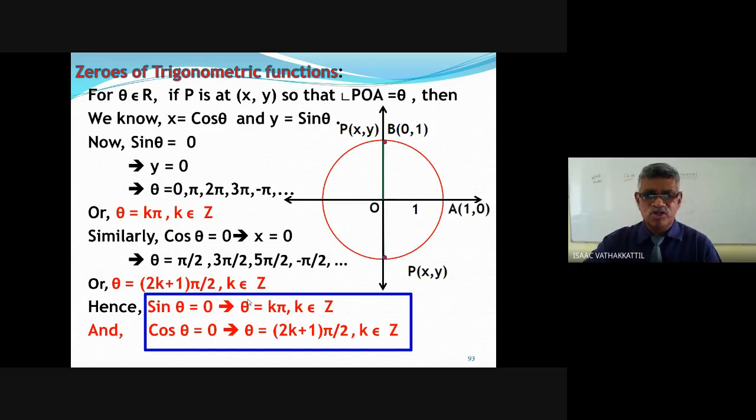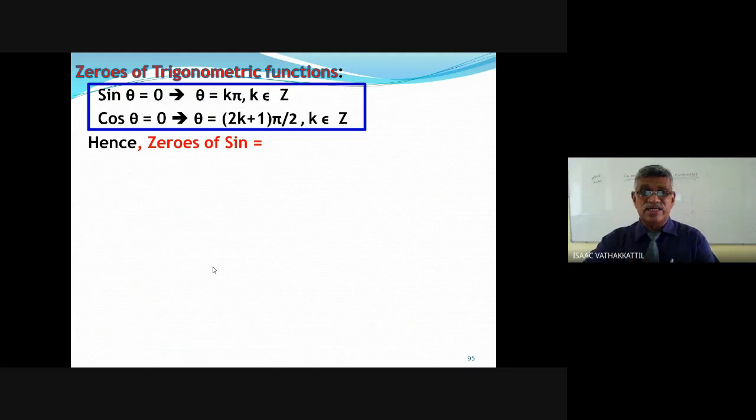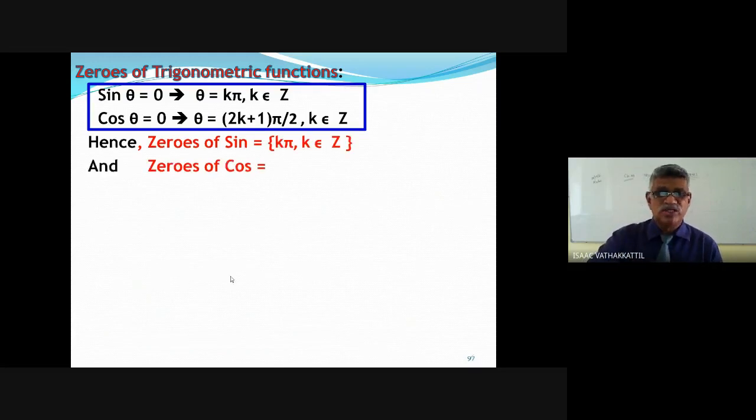Right? Zeros of sine, we can write as the set of k pi, k belongs to Z. Zeros of cos, it is the set of all (2k plus 1) pi by 2, k belongs to Z.